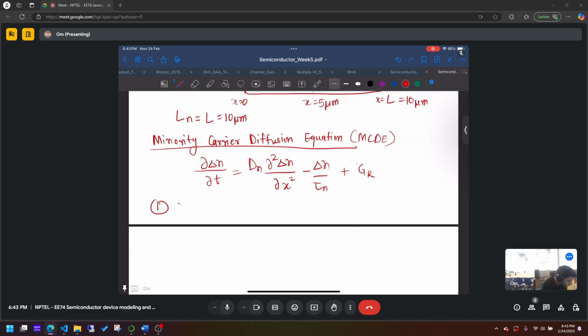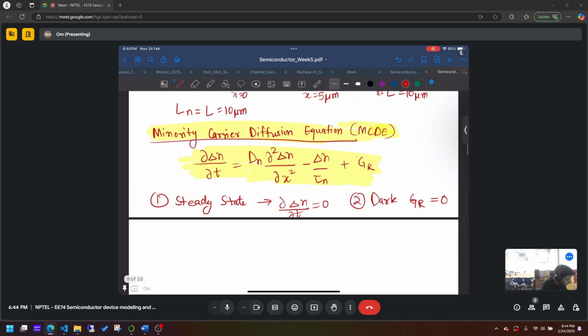Now we have two conditions here. One is steady state. I'll highlight this equation just for reference, it is very important. In steady state, del of delta n by del t is 0. And second is dark. In the dark environment, any generation we can assume to be 0.